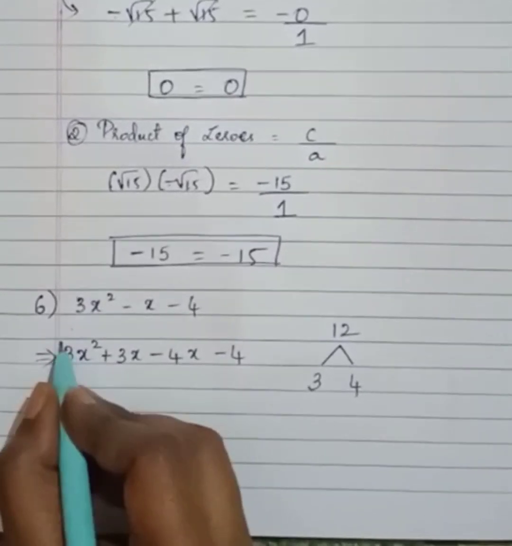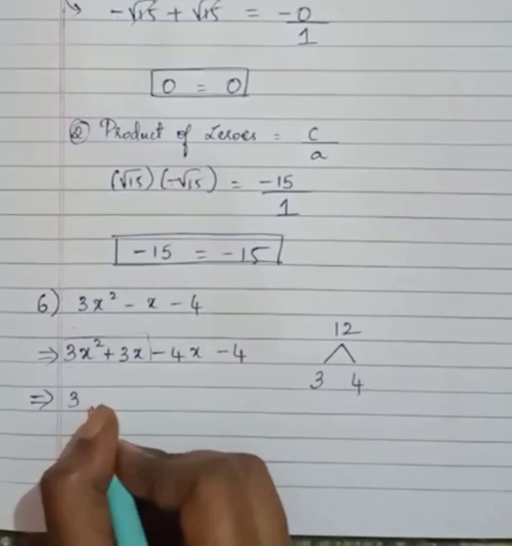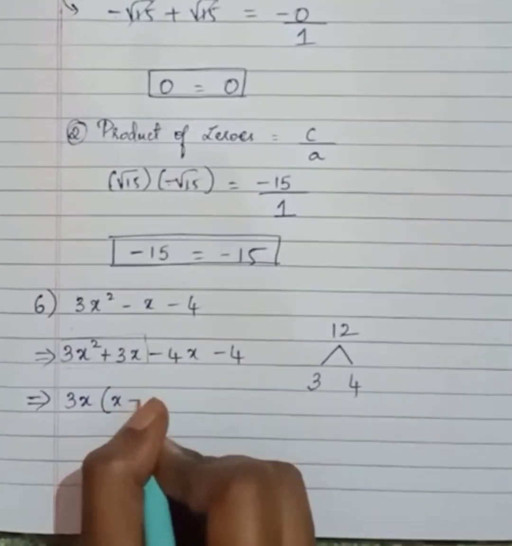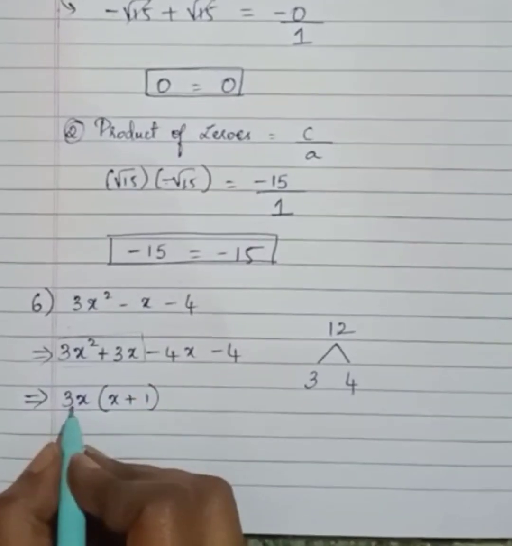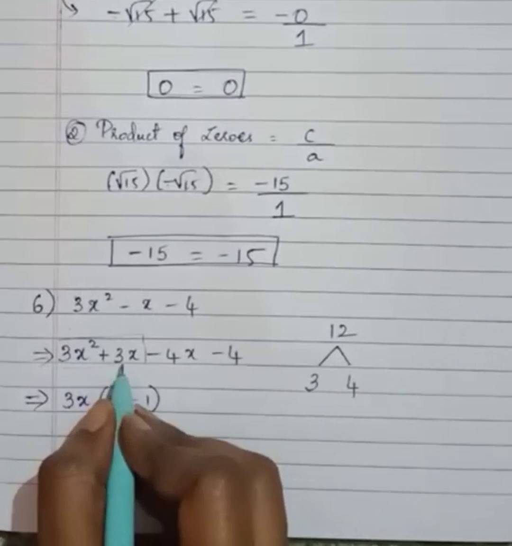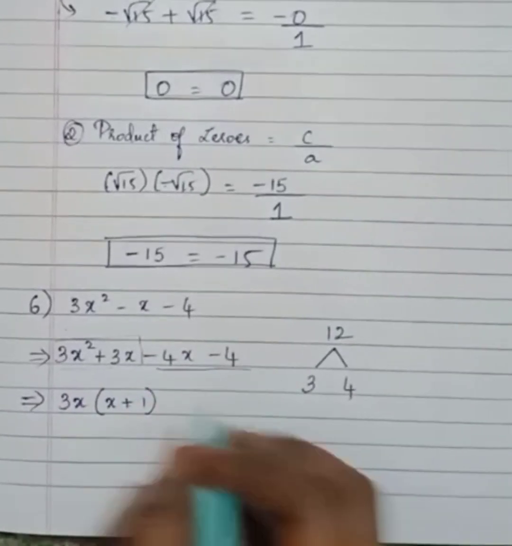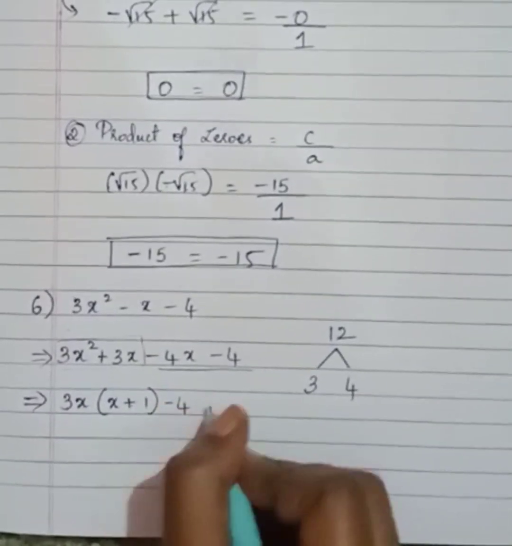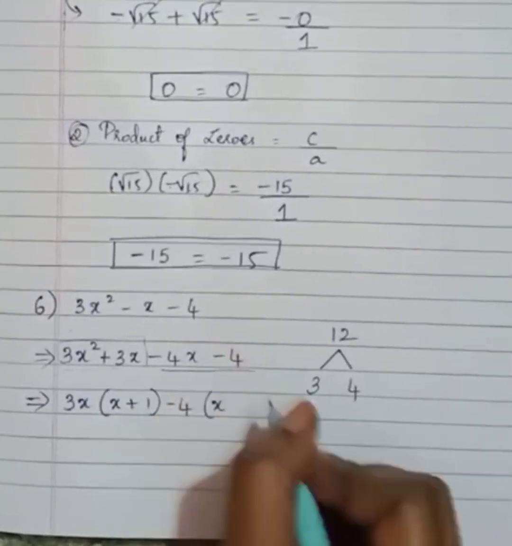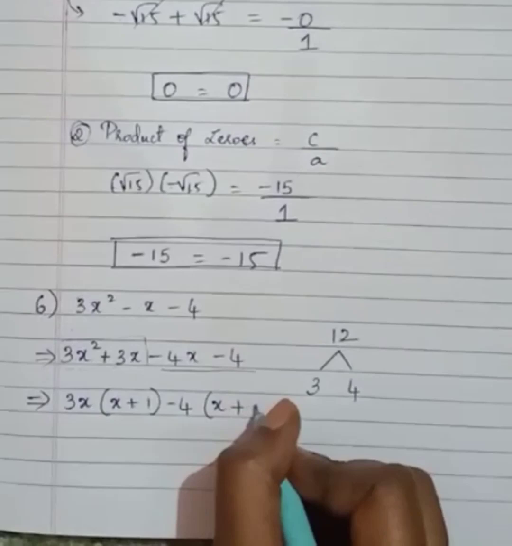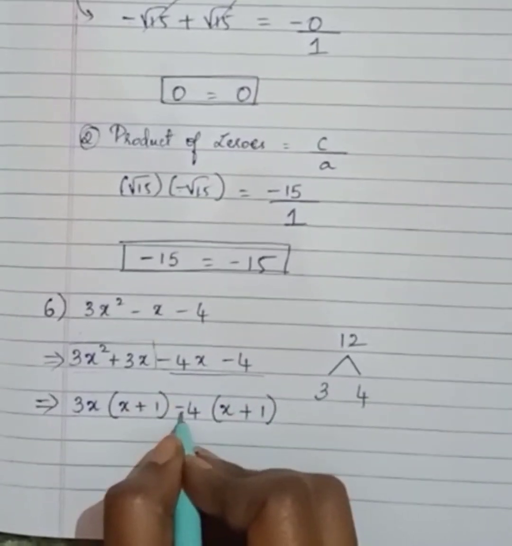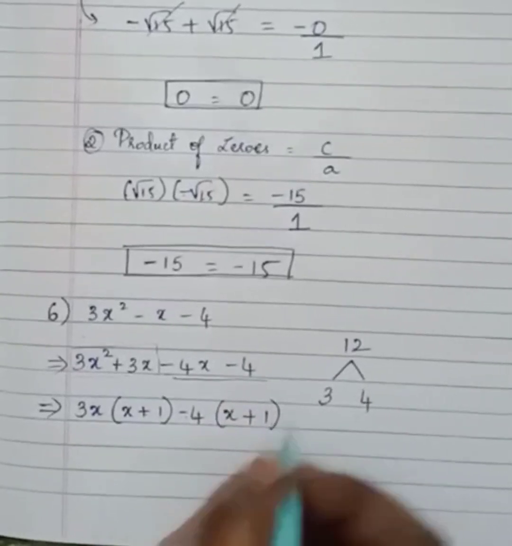For these two terms we take 3x as common out, 3x into x plus 1, which gives 3x into x is 3x square plus 3x into 1 is 3x. Here we will take minus 4 as common out: x, minus into minus is plus 1. Minus 4 into x is minus 4x. Minus 4 into plus 1 is minus 4.